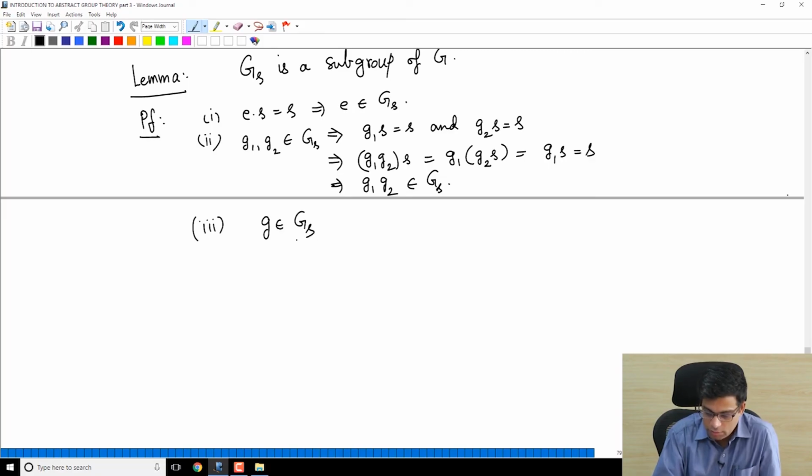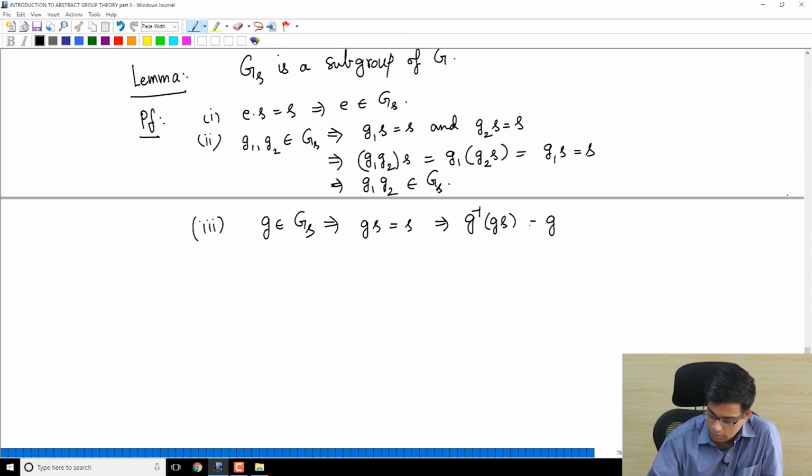Let's say you take an element g in the stabilizer, then what is g s? That's s by definition of being in the stabilizer. Now if you multiply both sides by g inverse, I get g inverse (g s), but this is the same as (g inverse g) of s, which is e s, equal to g inverse s.